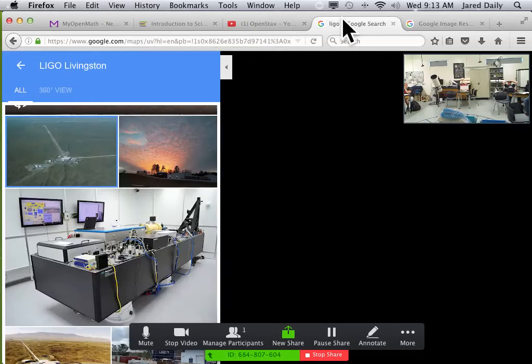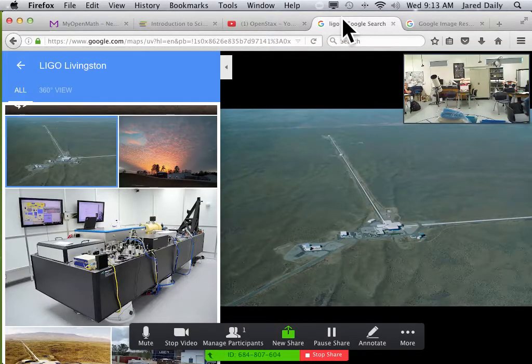But this experiment, the LIGO experiment, is the same thing, just bigger. It's just much, much bigger. And why? Because what Nichols and Morley were looking for is they were looking to see if light waves were traveling at different speeds. And light waves are small. Light waves that we see are really quite small.